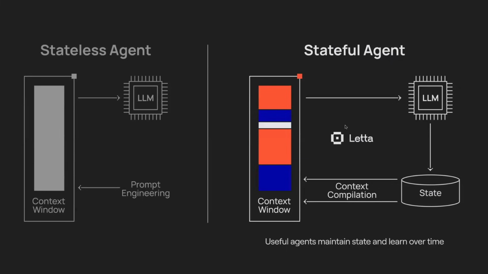And then there's statefulness, or stateful agents. The key thing we're trying to do is understand what's in the context window. If we have a machine assembling it, that means there's some sort of context compilation problem, where there's an optimal way to arrange the context window of an LLM. And that context comes from state. The state can be very large, much more than can ever fit in the context window.